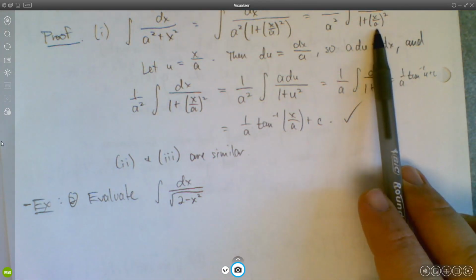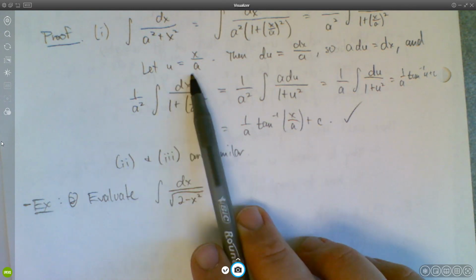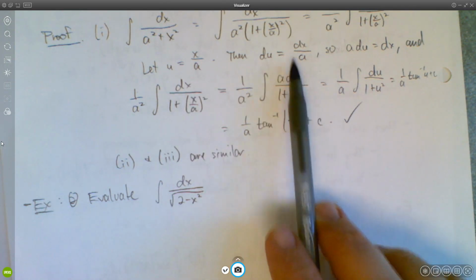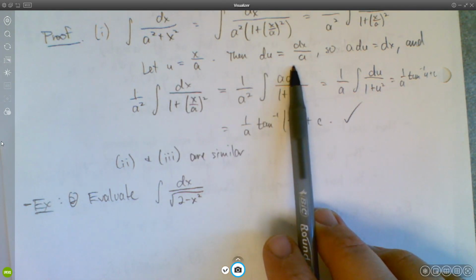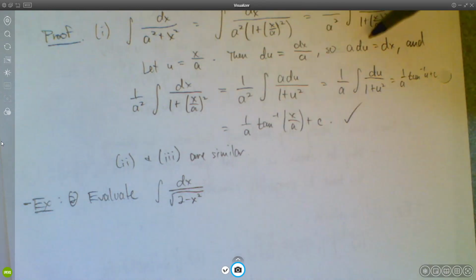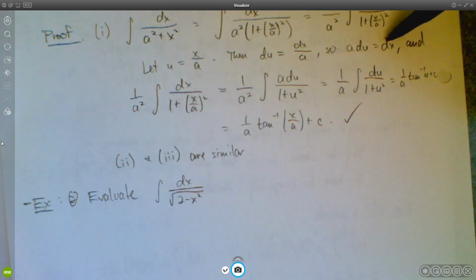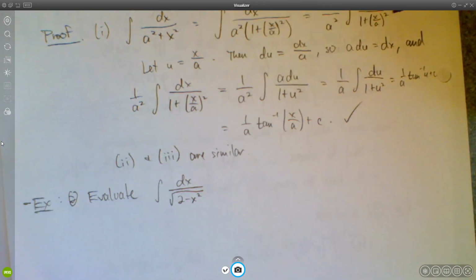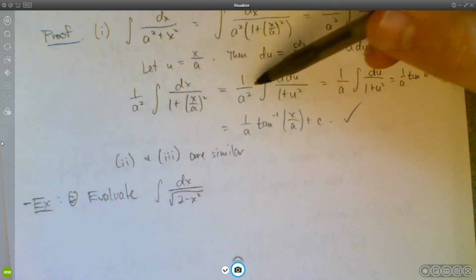Now we do the u substitution. We let u be x over a. So then du is going to be dx over a. Okay, so if I solve for dx, I can say a times du equals dx. So I'm going to replace the dx with a du. I'm going to replace the x over a with u, and the 1 over a squared comes along for the ride.